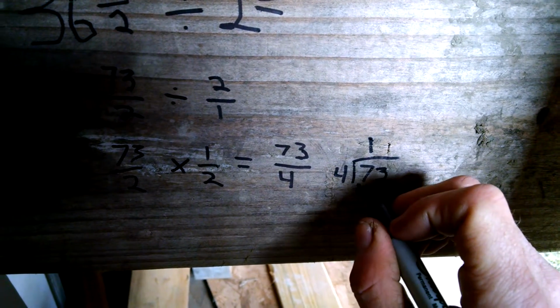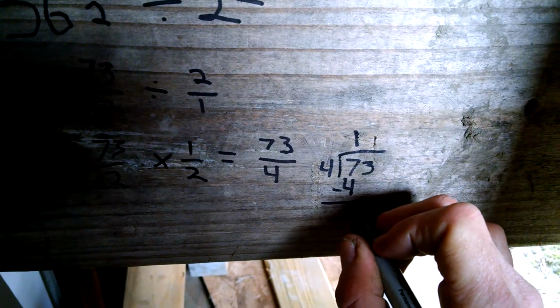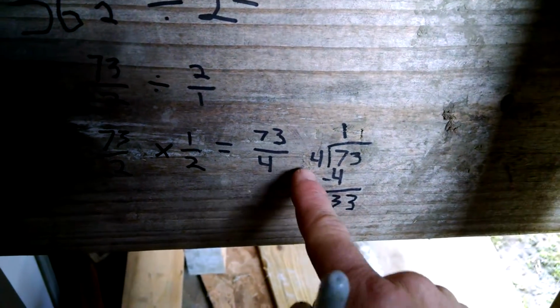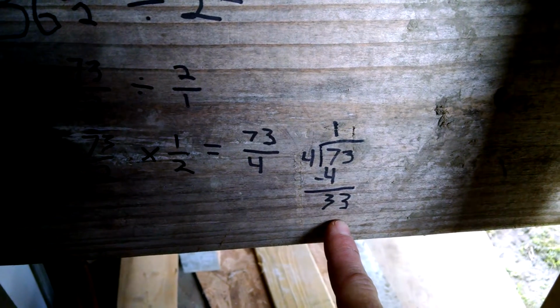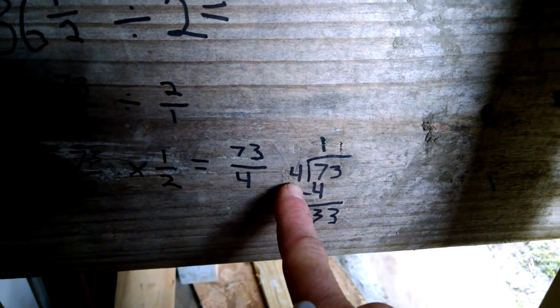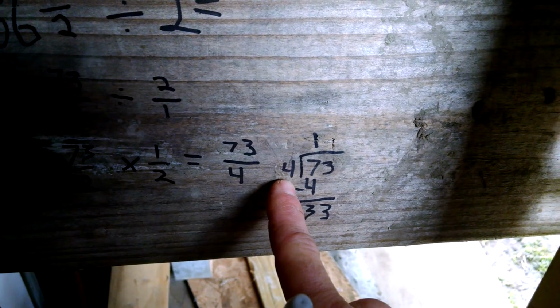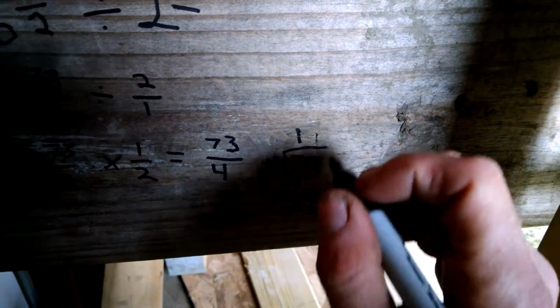73 divided by 4. 4 goes into 7 one time. And then 1 times 4 is 4. I subtract. That's 3. I bring down the other 3. 4 goes into 33 now. How many times is that? 6 times 4 is 24, 7 times 4 is 28, 8 times 4 is 32.